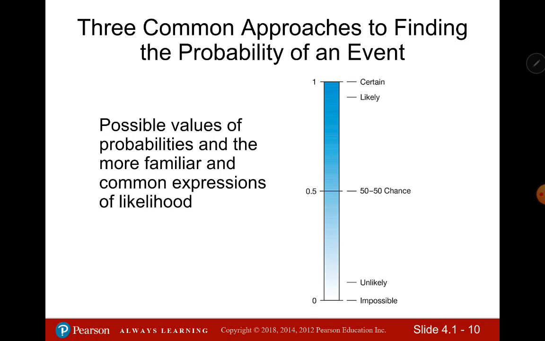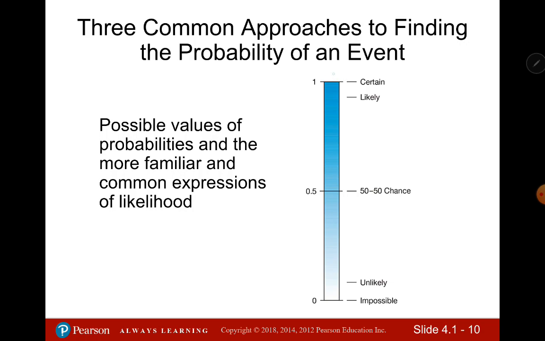Let's check this graph. The possible value for probability is from 0 to 1. If the probability value is equal to 0, then we will say this event is impossible to happen.